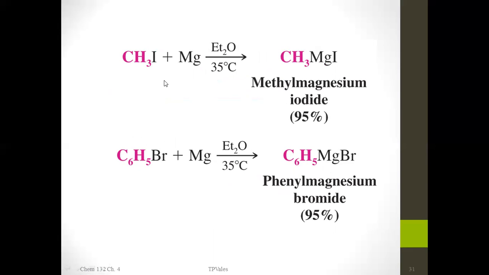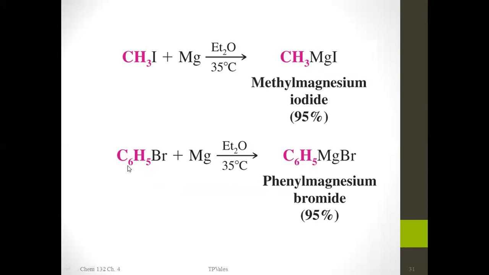So how do we prepare it? Usually, if you have seen in the reactions, we use an alkyl halide and magnesium metal, magnesium turnings, in the presence of diethyl ether at an elevated temperature, and you get your CH3MgI. Then you have your C6H5Br.